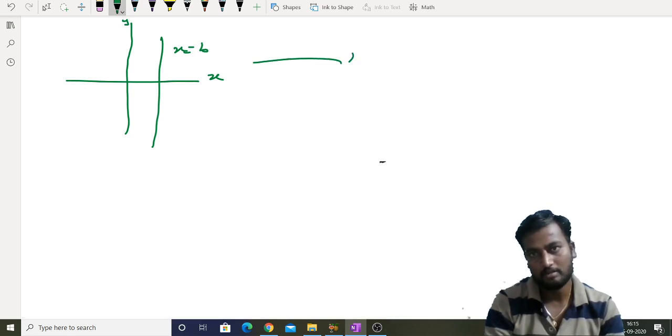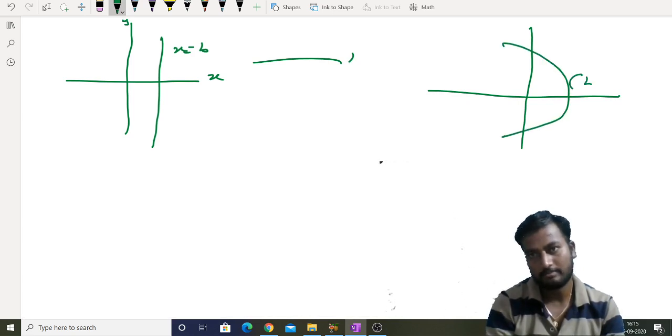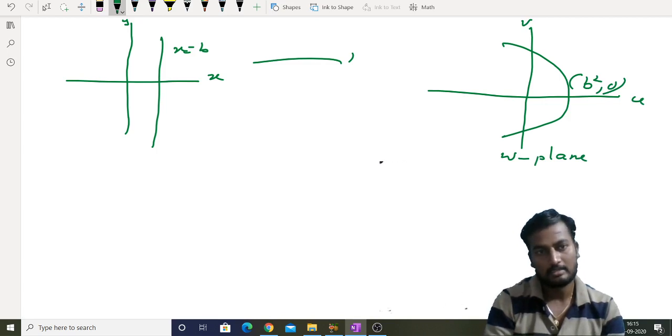This is mapped to our w plane, that is b square comma 0, right? So this is the w plane. This is the z plane, right?